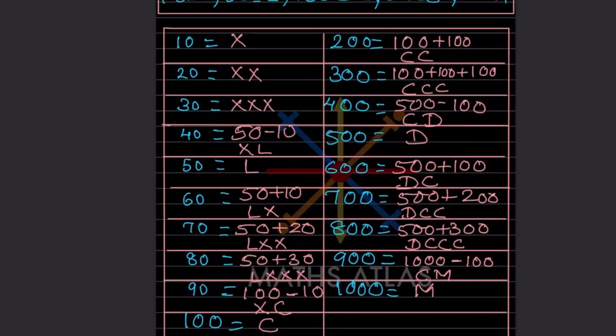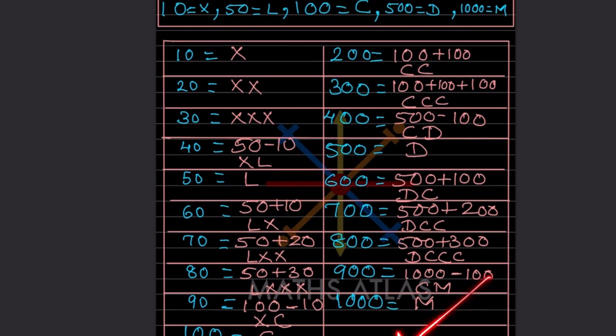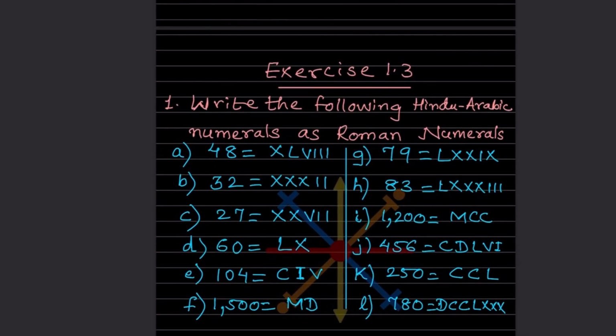Now you have seen this table, no? So I think you should pause and note down the table, because this table is very important. Okay, so you will be able to do any number. Now look here, that is 456. So 400, that is CD, 50 is L, and 6.